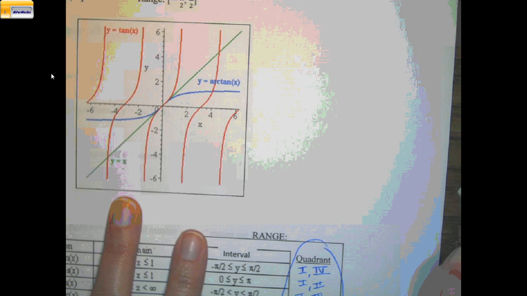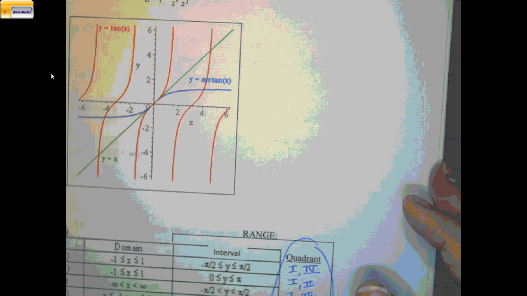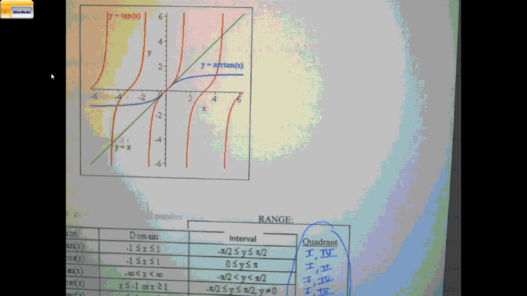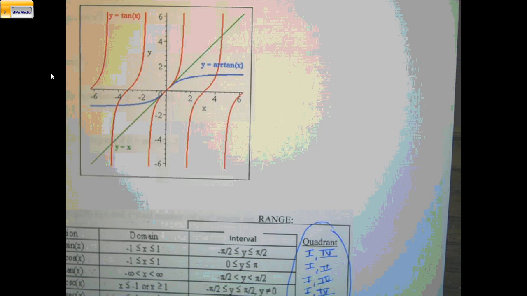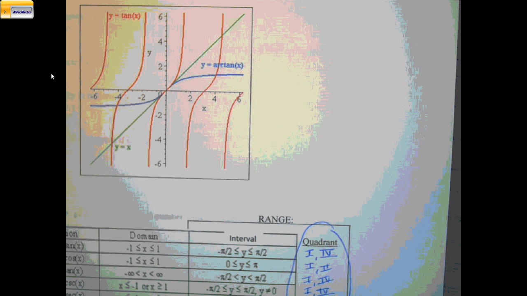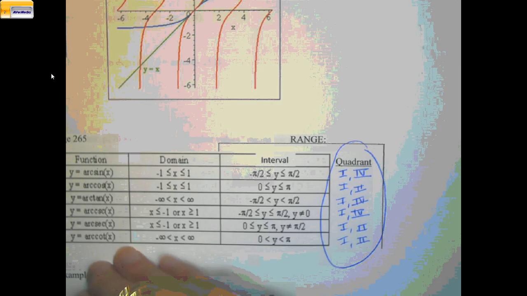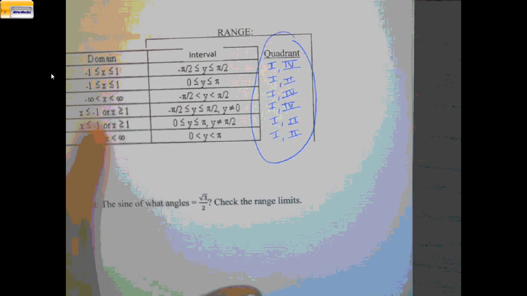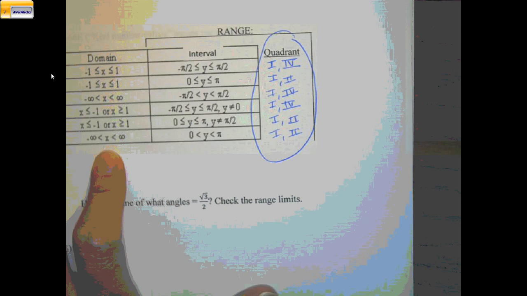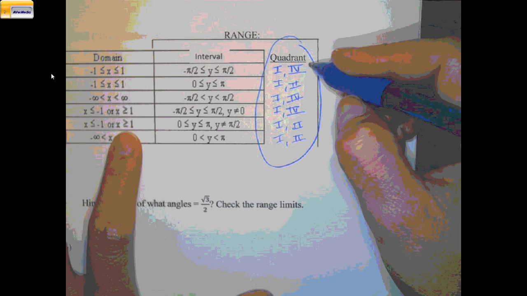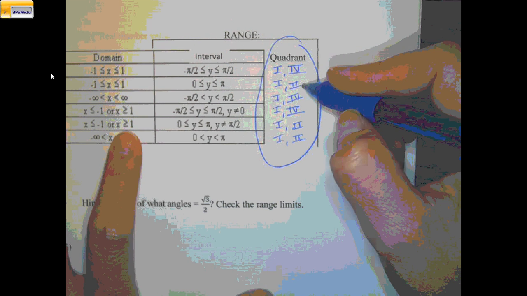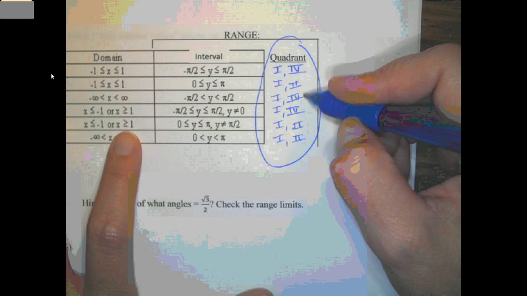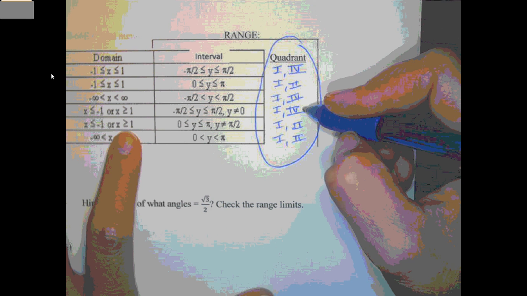So if you want to, I'm sorry, what? Yeah, yours says that the arcsine and cosecant is quadrant 1 and 2. Oh, yeah, it doesn't match yours because I typed it wrong last night. I apologize. I thought that this chart was in the same order as this other page of notes I was looking at. So it needs to match mine now. Sorry. So fix it. Thank you, Tanner. So it's 1 and 4, 1 and 2, 1 and 4, 1 and 4, 1 and 2, 1 and 2.